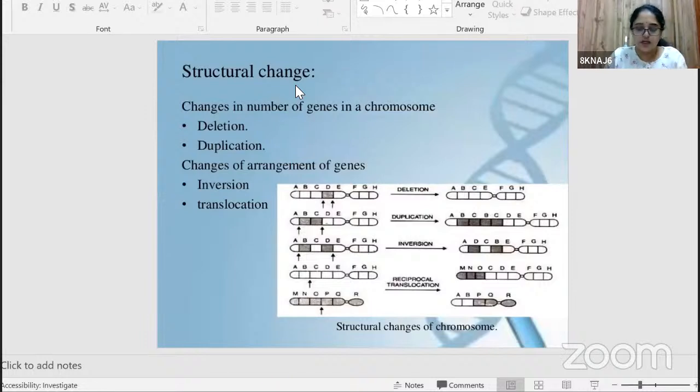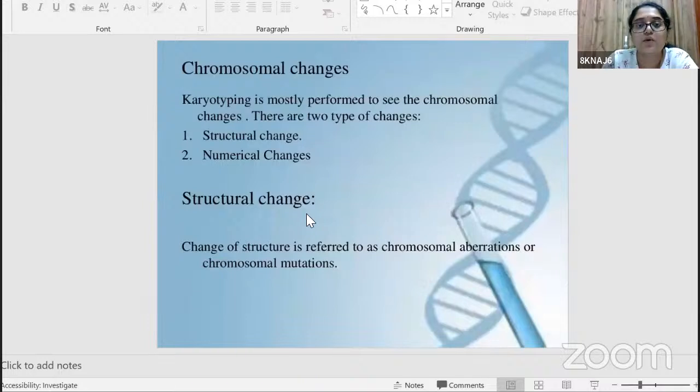So when it comes to the chromosomal abnormalities, we are going to see that there are different changes that happen in the chromosomes. It can be normal, it can be abnormal. If it is abnormal, resulting in a disorder, these are known as the chromosomal abnormalities.